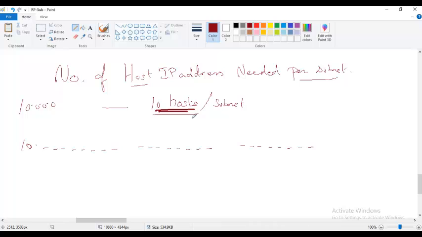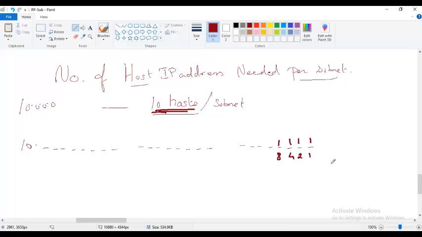So if this is what is given to us, how will we do subnetting? Now to get 10, how many bits do you need? If I have these 3 bits on, I'll get only 7, correct? 4 plus 2 plus 1. Then that is not sufficient. If I take another 1, I'll get 15.